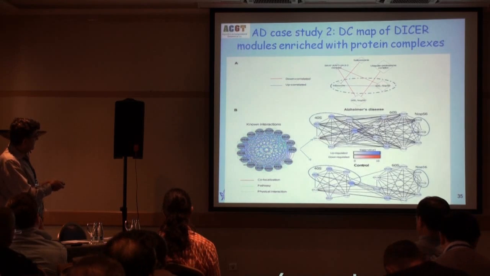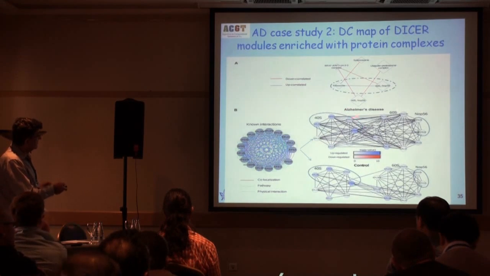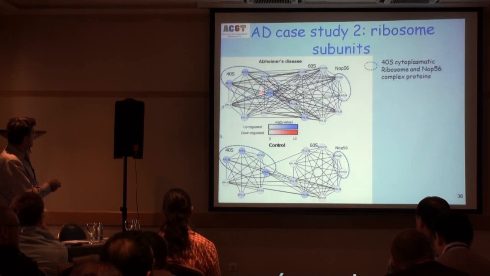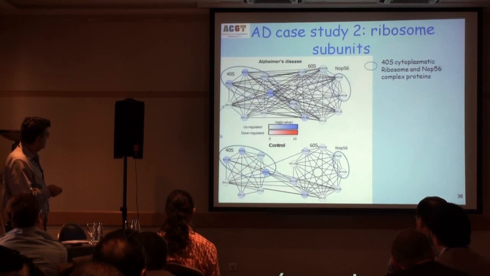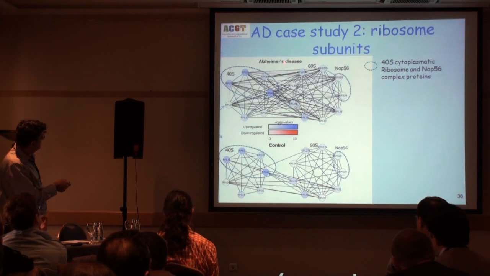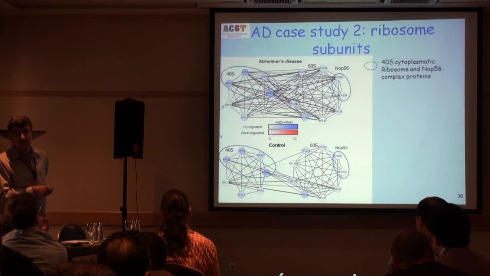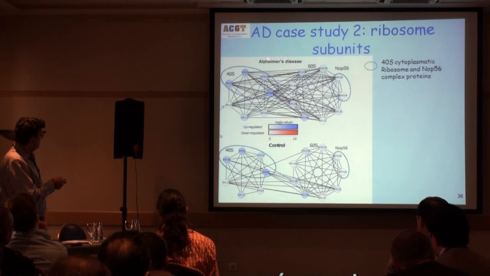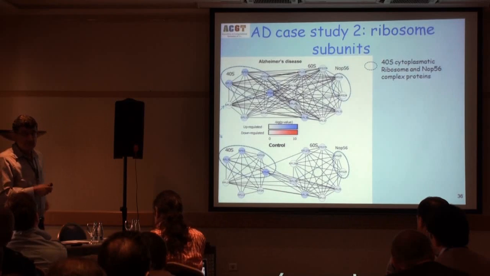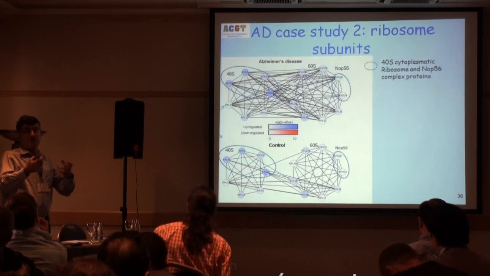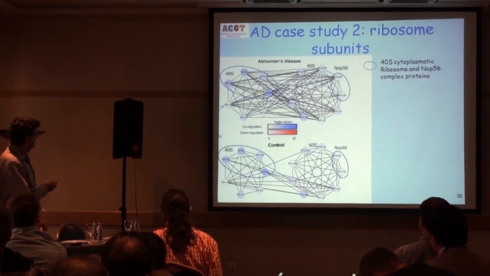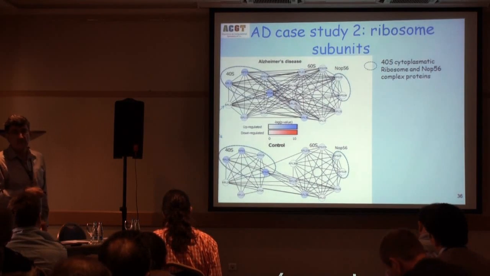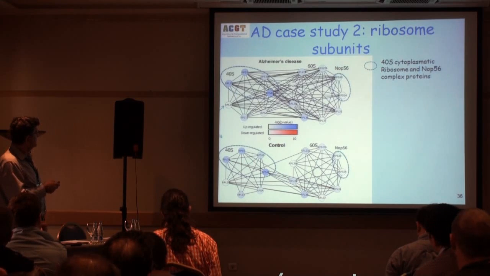However, if we zoom in on these 2 sets, you see here the edges indicate high correlation, and if you compare the situation in the cases and in the controls, you see that the level of correlation is much, much higher in the patients than it is in the controls. So even though in terms of interaction it is a single unit, when you look at differential co-expression, there is a very clear partition into 2 subunits.